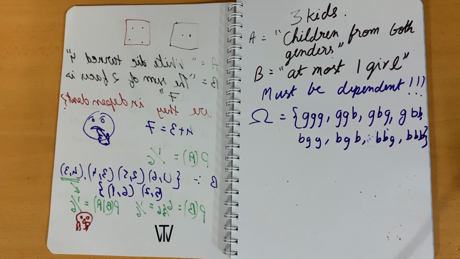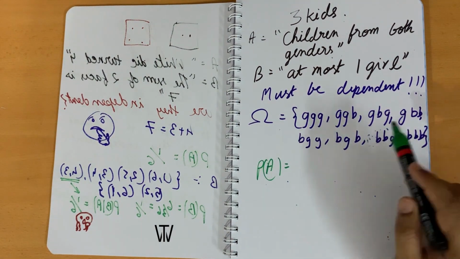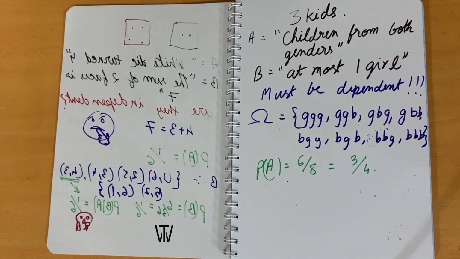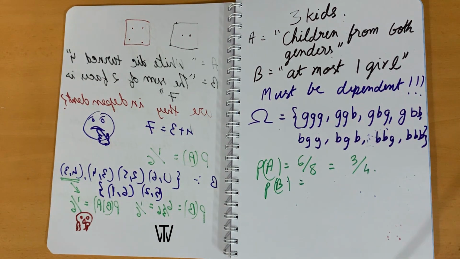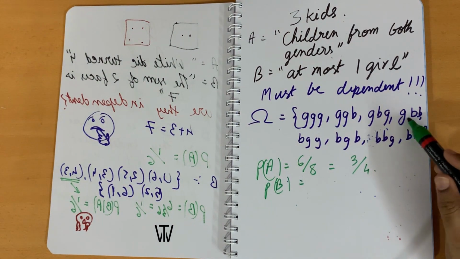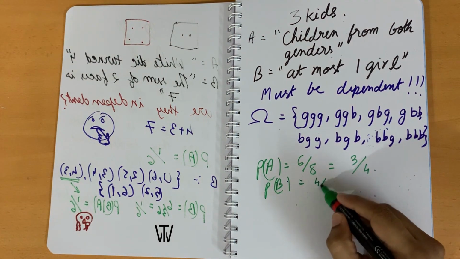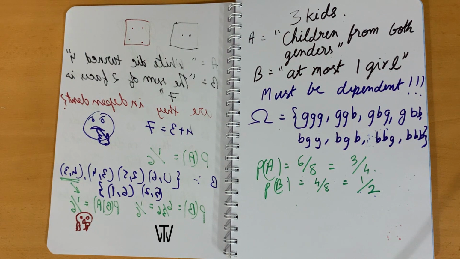If you exclude the first and the last outcomes, 6 are favorable to event A. So P of A equals 6 by 8, that is 3 by 4. What about B? At most one girl. So the favorable cases are GBB, BGB, BBG, and BBB. So P of B equals 4 by 8, that equals 1 by 2.